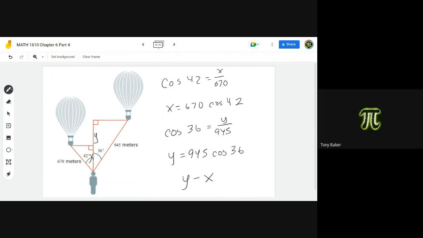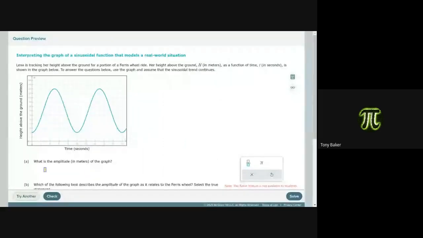Maybe it's not. Actually, this one works. I'll do this one. All right, I'll show this one.